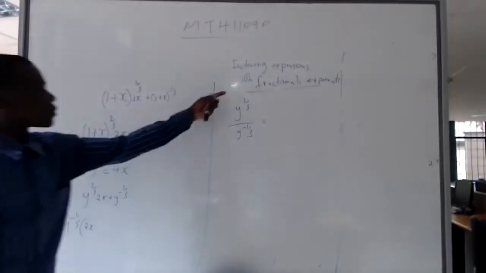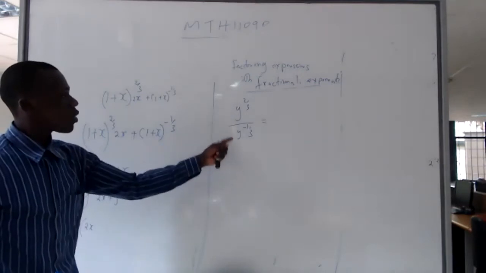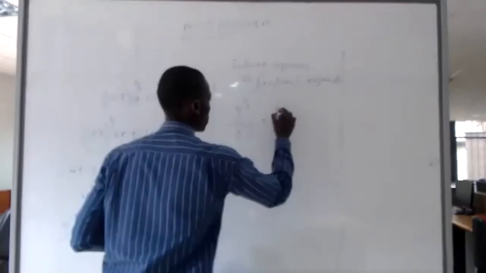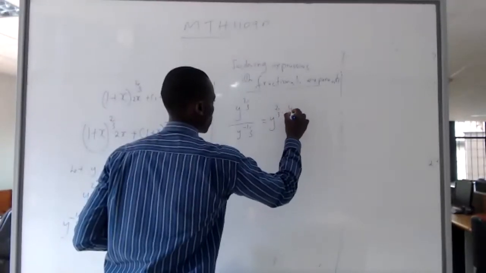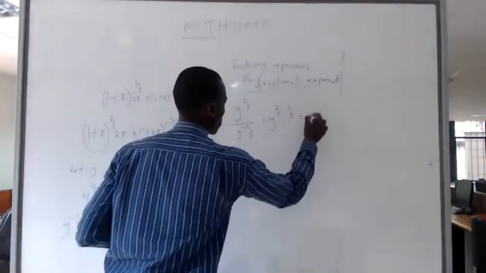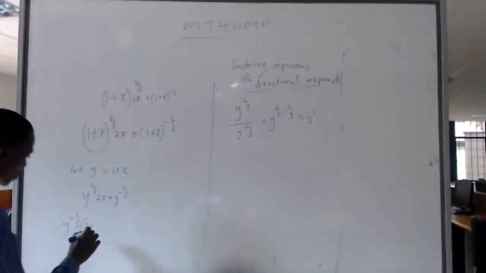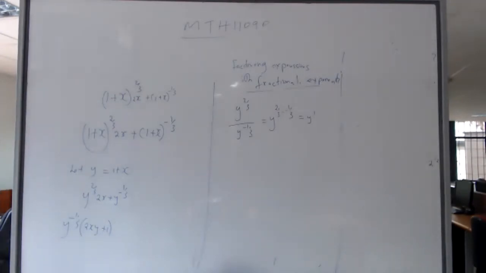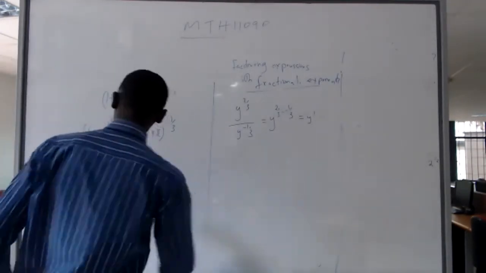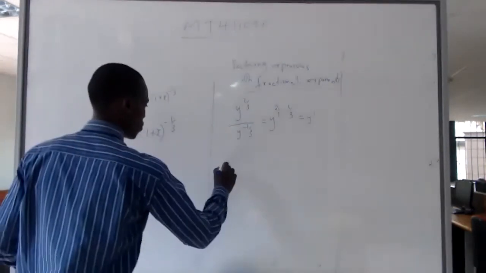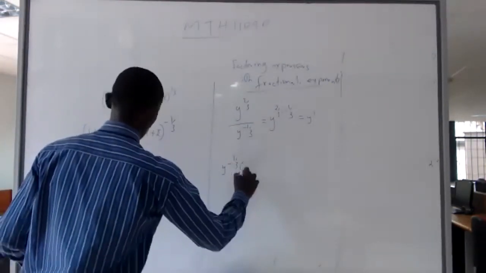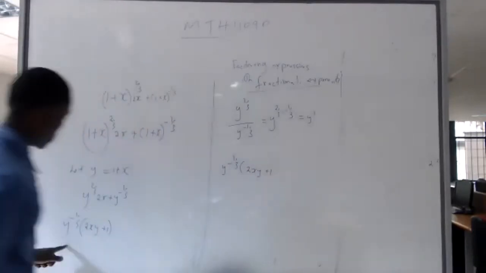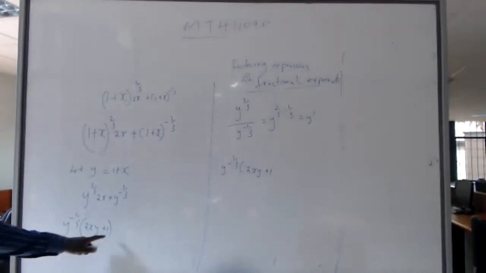With this quotient, same base y, different exponents, just subtract the indices. So 2/3 minus negative a third, that's 1. So we have y plus 1. From here we have y to the power negative a third times 2xy plus 1.